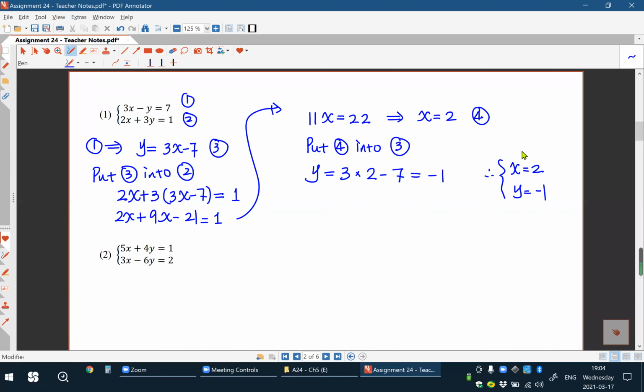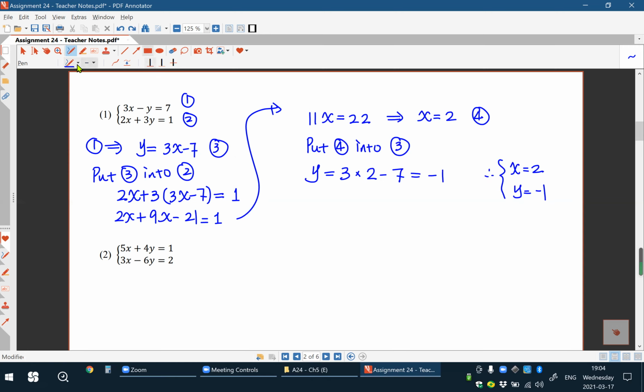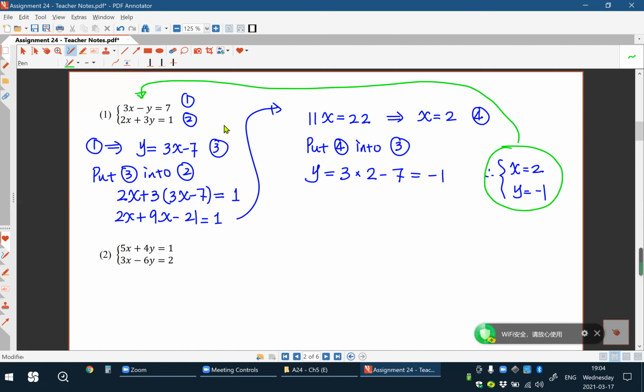So as usual, I strongly suggest that you put this result back into the equation to verify your result, okay? So each time you finish the solution, please double check your result. If you make a mistake there, the original equation can't hold with your solution, okay?